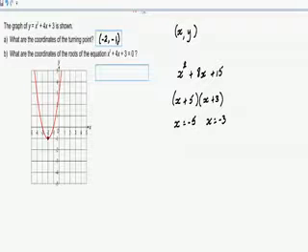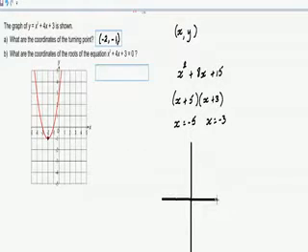Now what we mean by that is, if I just sketch a little graph here, if I was to draw the graph of x squared plus 8x plus 15, okay, I would get this curve.